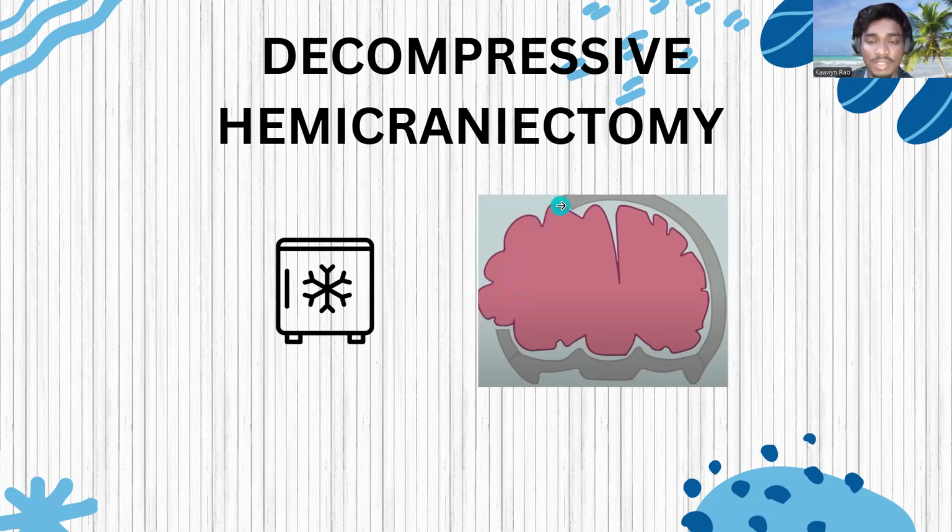Once they have opened the skull at this part, they store that part in a fridge until the inflammation has reduced. Once the inflammation has reduced to a certain level where they can fix back the skull, they bring the skull back from the freezer and place it back in the position where it came from.